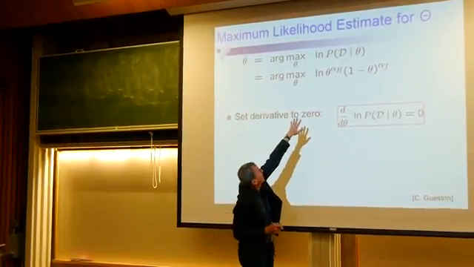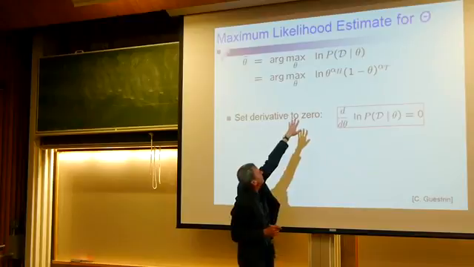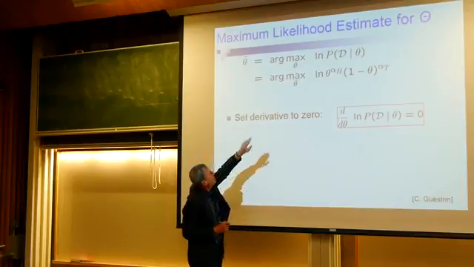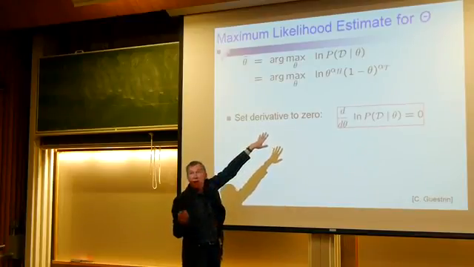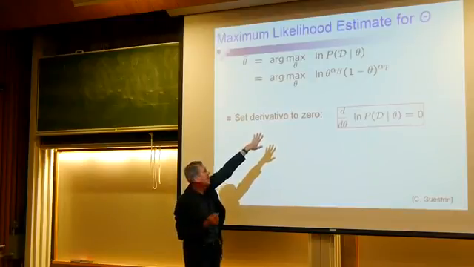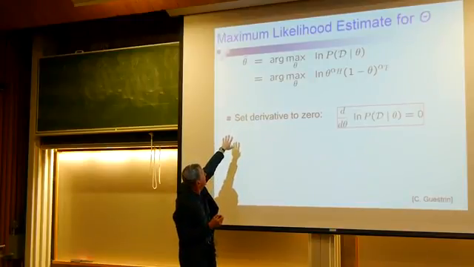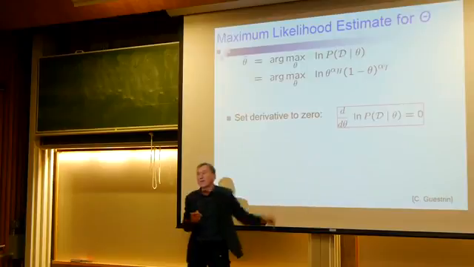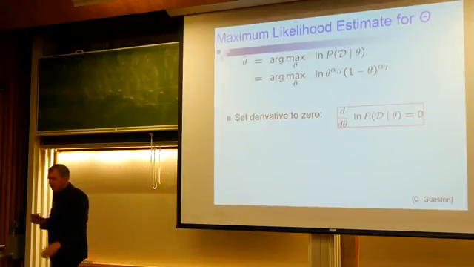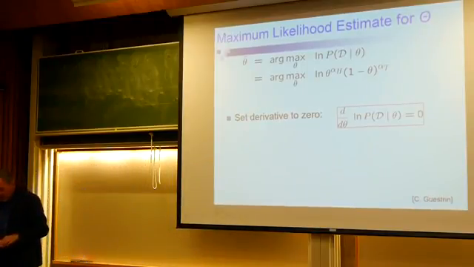And in our case, we figured out just on the previous slide what the probability of the data given theta is. That's called the data likelihood in many corners. And now we're just going to set that derivative to 0. Okay? So that's actually pretty straightforward too.